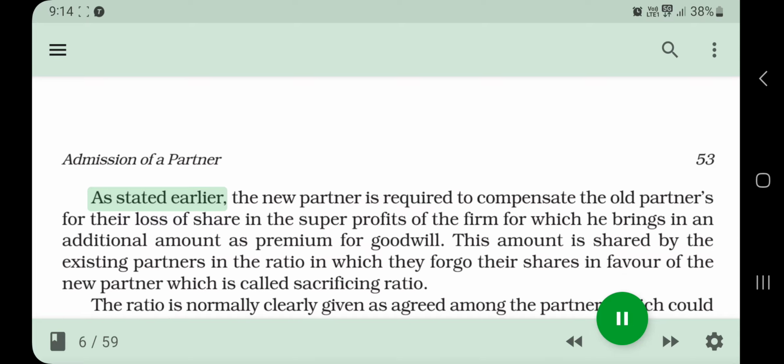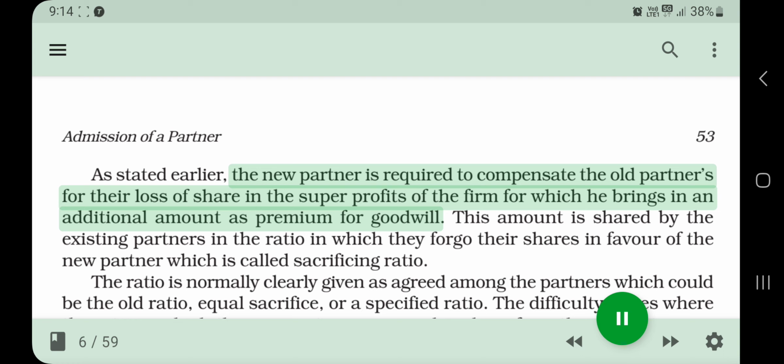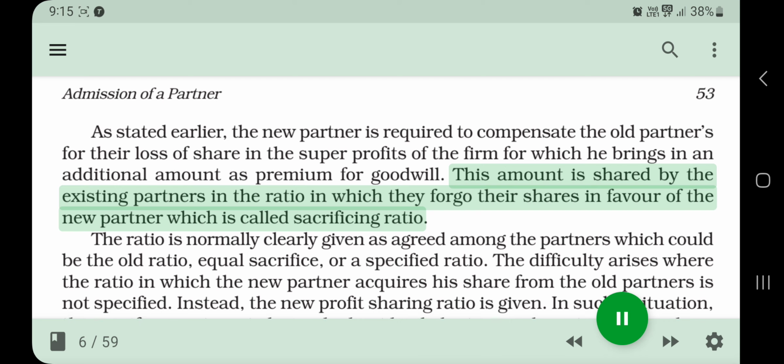As stated earlier, the new partner is required to compensate the old partners for their loss of share in the super profits of the firm, for which he brings in an additional amount as premium for goodwill. This amount is shared by the existing partners in the ratio in which they forego their shares in favor of the new partner, which is called sacrificing ratio.